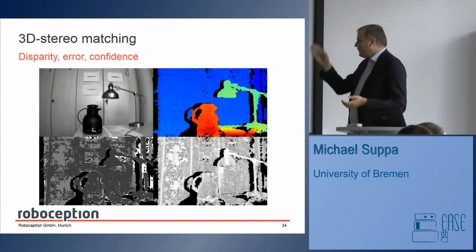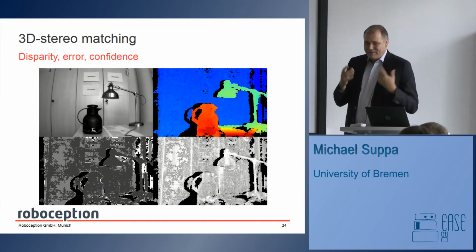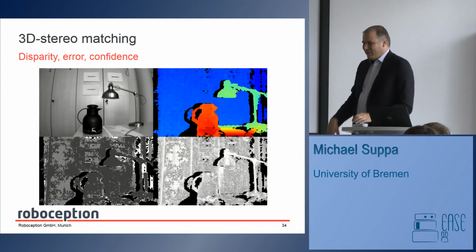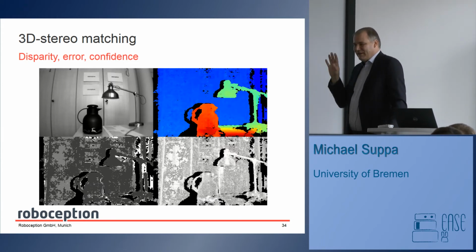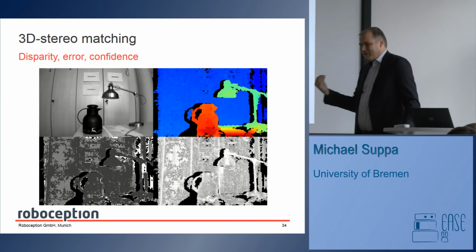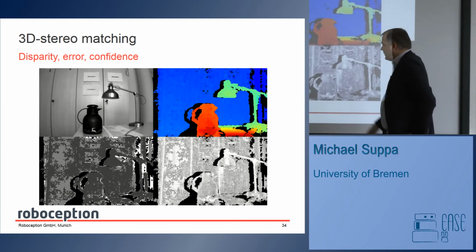So in industry, always go for a black and white camera because you have better light sensitivity. Whoever uses it for deep learning doesn't care about the camera so much. They want to have color images, even if the camera is then not as good in low light conditions. They don't care because they need the color. Then we have the disparity image here.